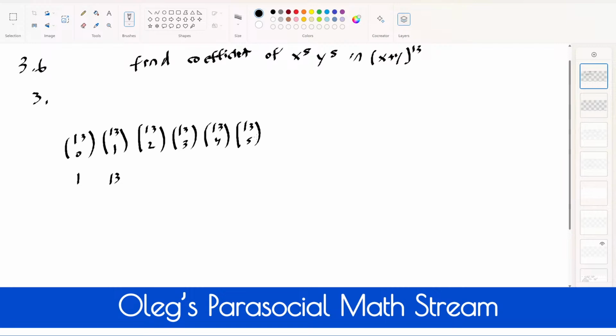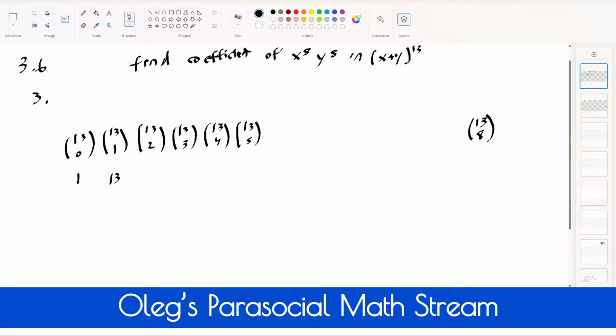Now this is mirrored. So from the y perspective, it would be the same thing. So even though I'm marching from the x, I can actually jump here if I wanted to. Because 13 choose 5 is the same thing as 13 choose 8.